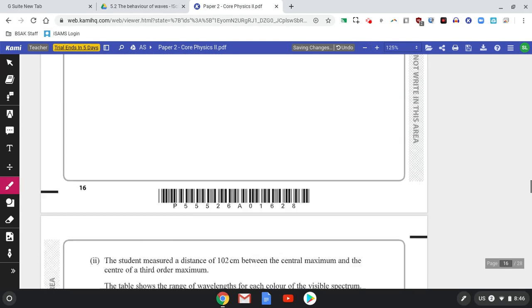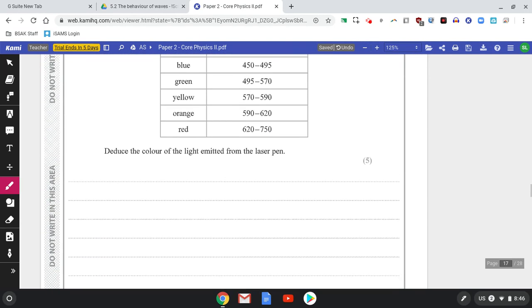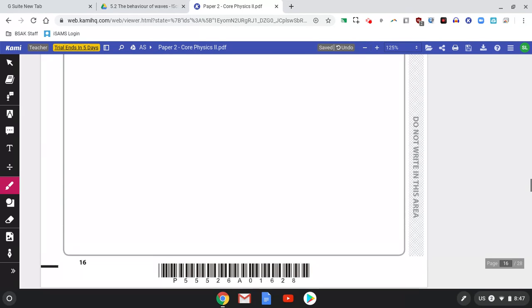Right, what's the equation? The diffraction grating equation is n lambda equals d sine theta. Right, what's d? Well, n is 3, isn't it? That's because that's the order, because we're using the third order maximum.